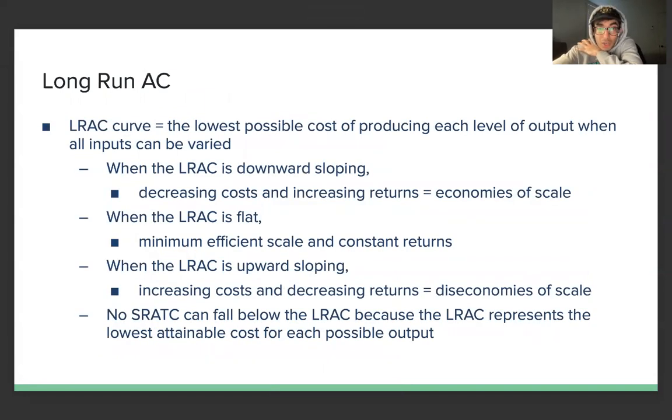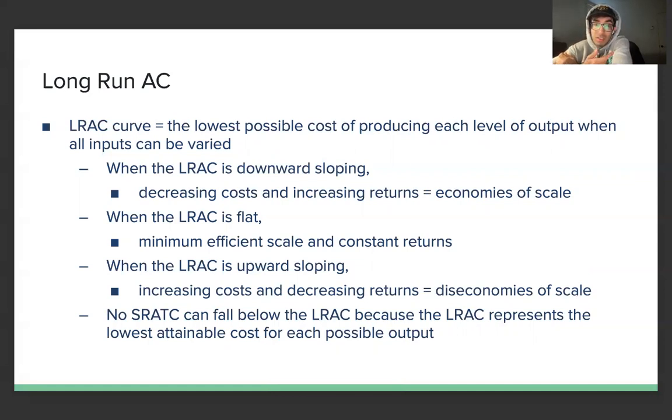The long run average cost curve also has the same shape. It's shaped like a U, but it has 3 stages. And before we move on to those 3 stages, all the points on the LRAC curve are basically the lowest possible cost of producing at each level of output. In the short run, we weren't able to do that because we couldn't optimize the level of capital because capital was fixed.